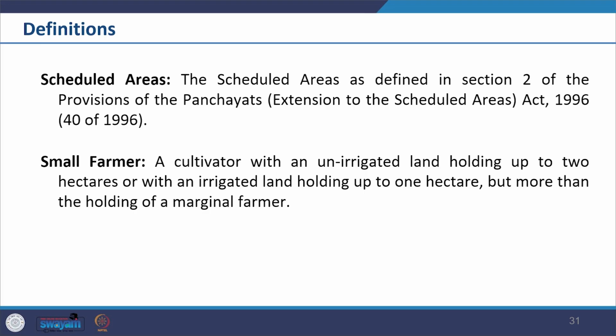So such kinds of definitions are given. You can go through the list from the Act. So it defines all the key concepts that would be applicable for the Act.